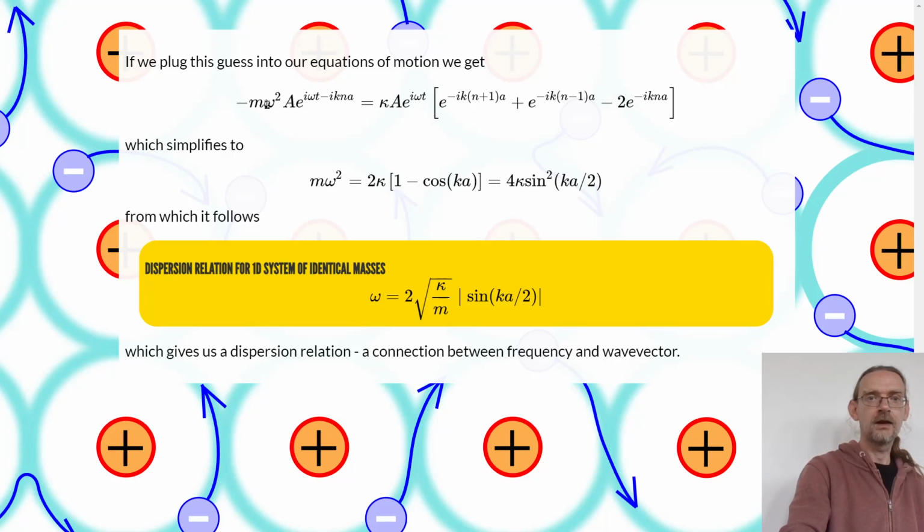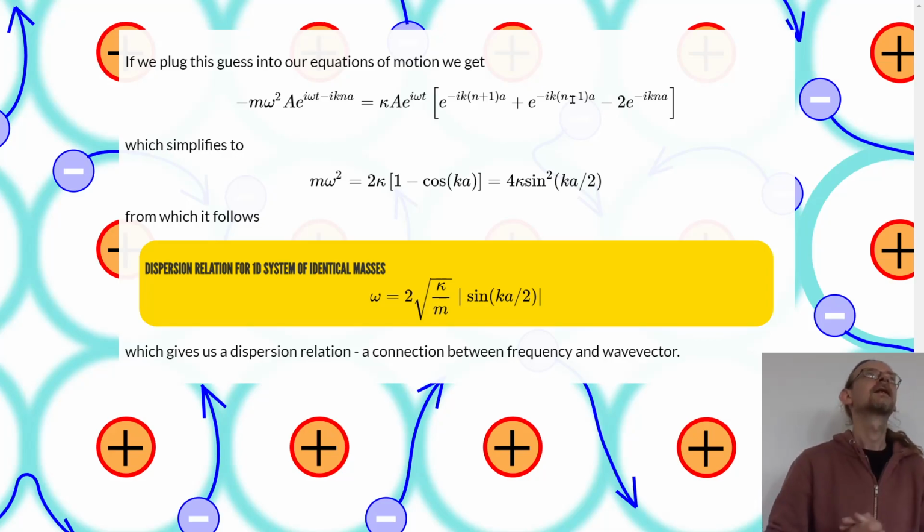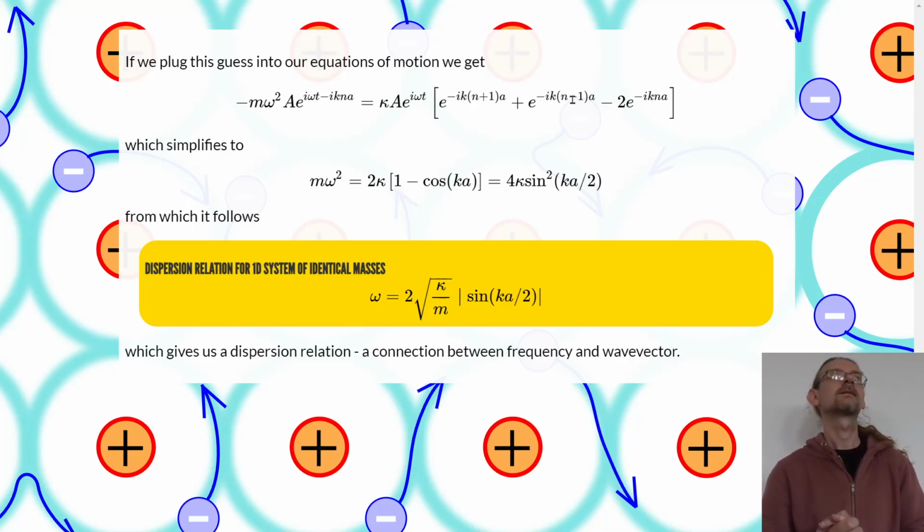With some more detail. But we get this minus omega squared appearing on the left, and on the right we get these expressions here. So there's this n plus 1 and n minus 1 because they're further or less far along the chain for the different coordinates.